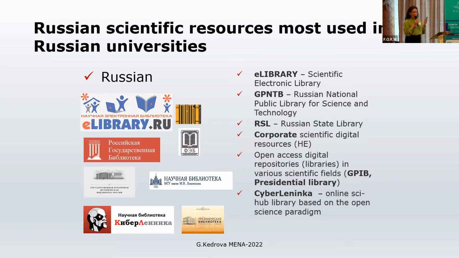The biggest project in Russia in scientific publications, in scientific research, is e-library. The first one there, scientific electronic library. Another type of available resources is digitalized repositories of libraries, the biggest libraries. We have special libraries. Library on the second place is the public library for science and technology. It's an open resource library.